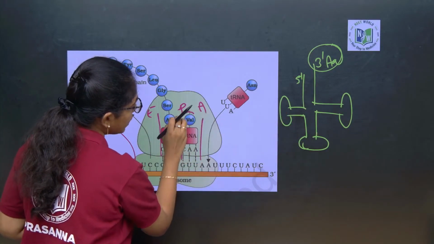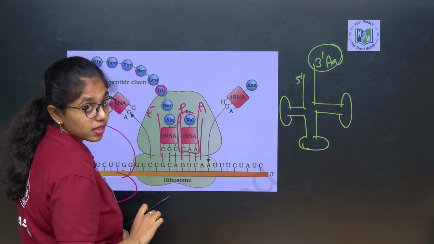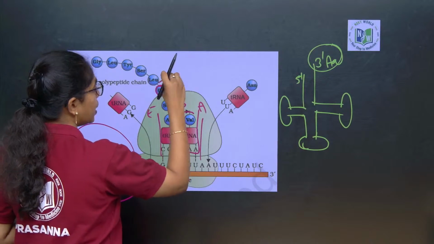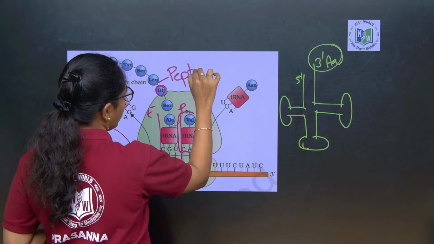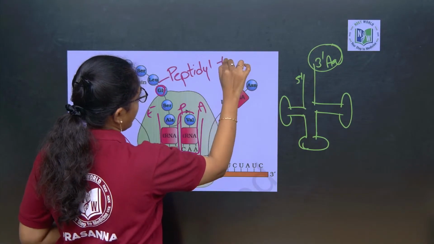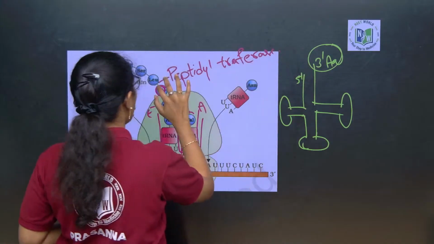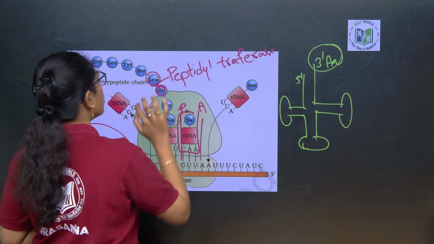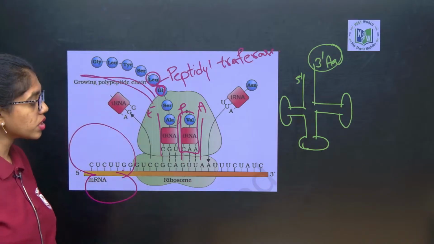The tRNA landing on the P site will synthesize amino acid, and this site has peptidyl transferase, which is helpful in the formation of peptide bond between two amino acids. As such, a polypeptide chain is formed.